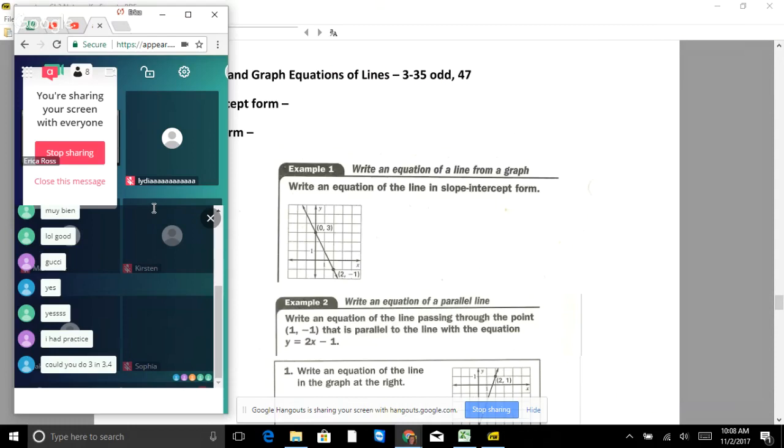Okay, 3 and 3.4 is: match the description of the slope of the line with its graph. That one?